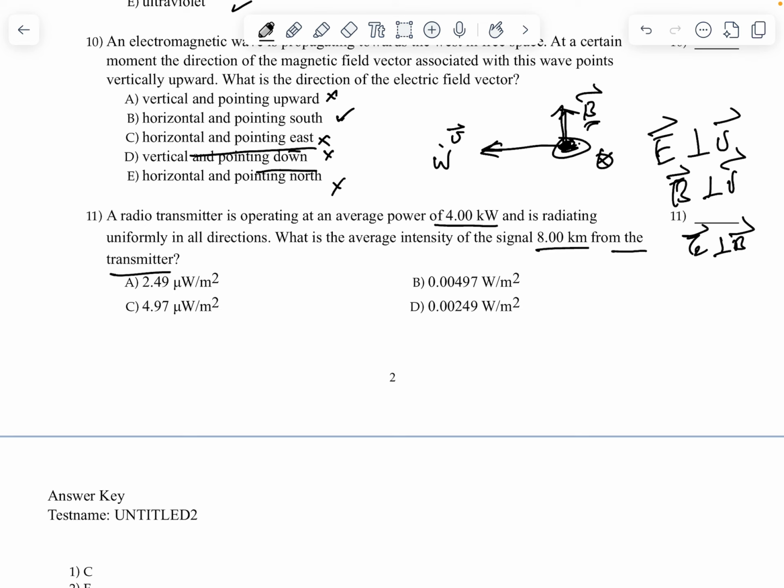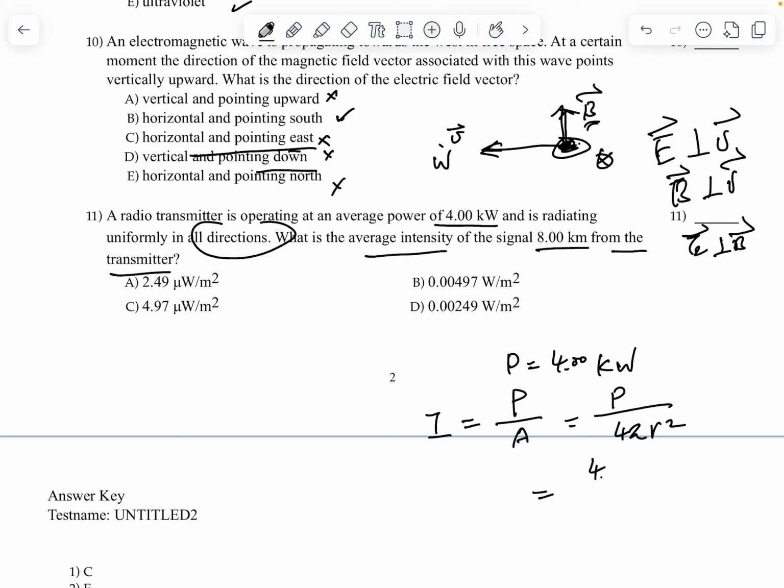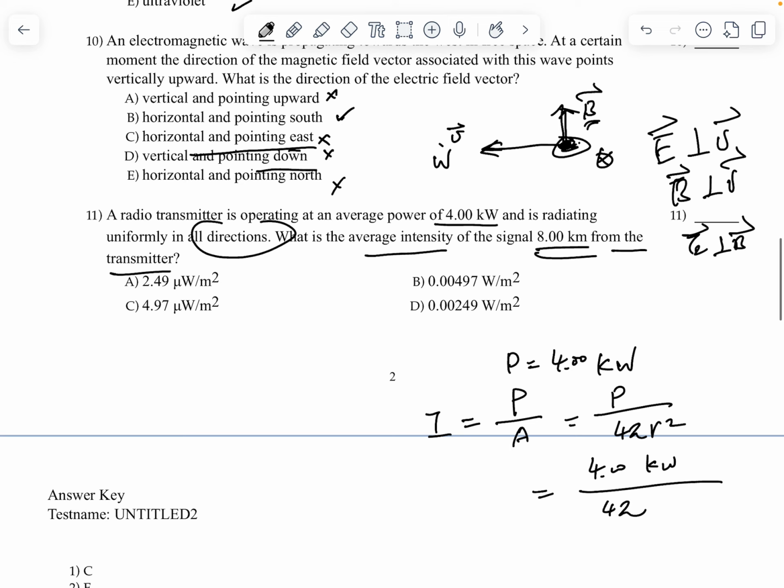Intensity is power over area, and the area in all directions is 4 pi r squared. So it equals 4.00 kilowatts over 4 pi times 8 squared, with 10 to the power 3.